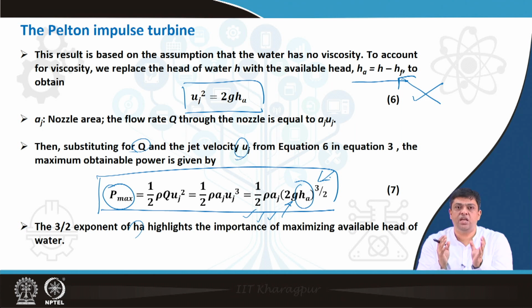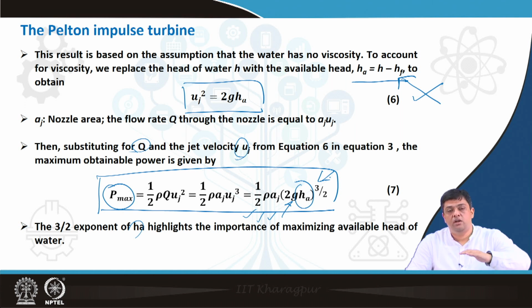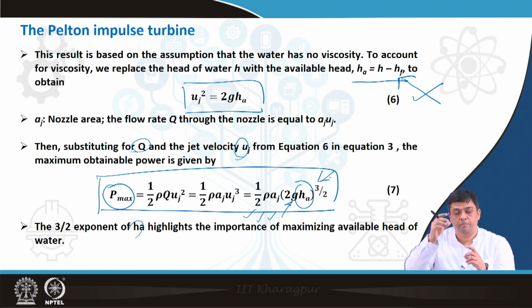And if you are just taking a case of a turbine, then the flow of the water from the reservoir through the nozzle and then hitting the cups of these impulse turbines must be such that the flow down this pipe is not resulting in loss because of frictional forces between the inner wall of the pipe and the flowing fluid.